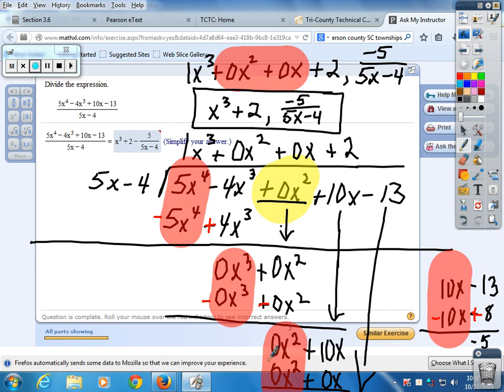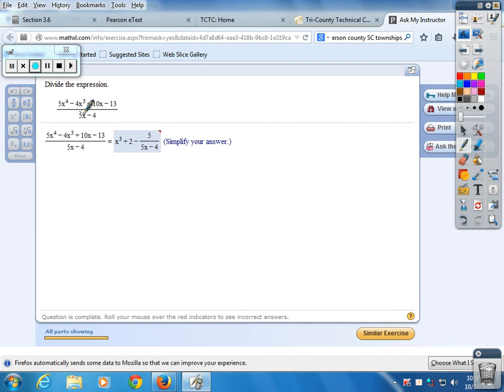The only other one I would suggest you try is one divided by 5x squared minus 4. I'm going to show you this before I show you the test, so don't start packing up yet.